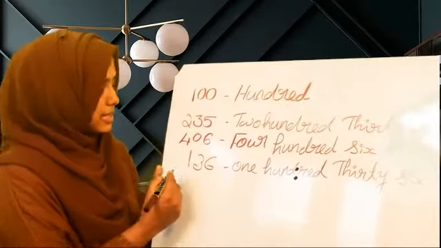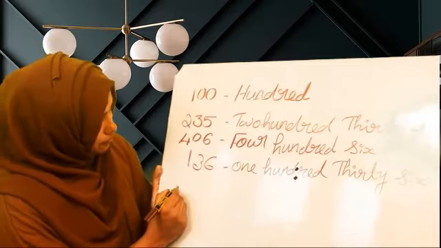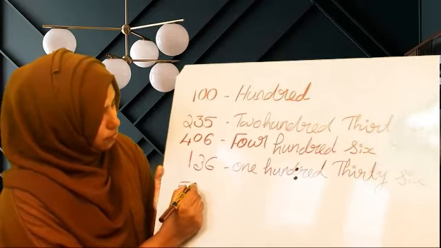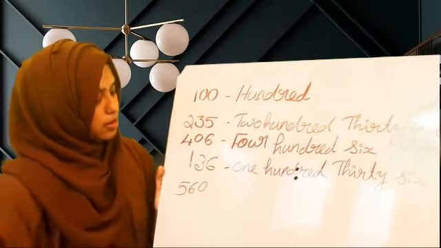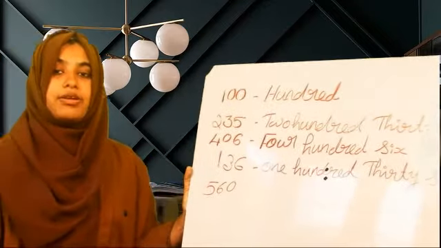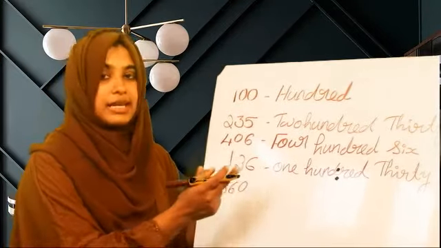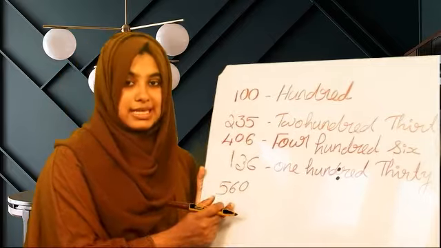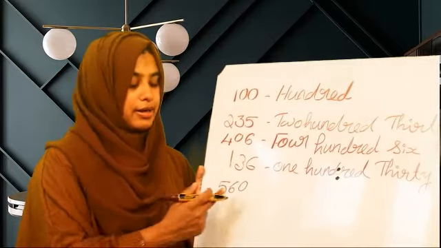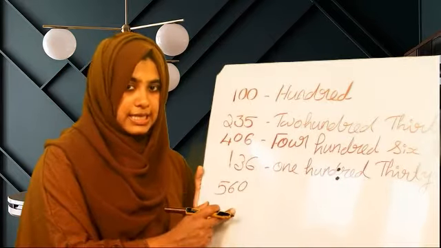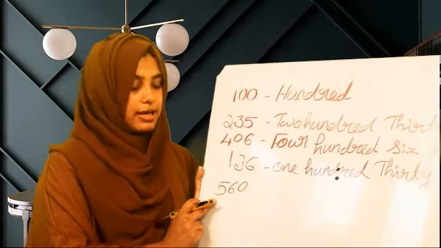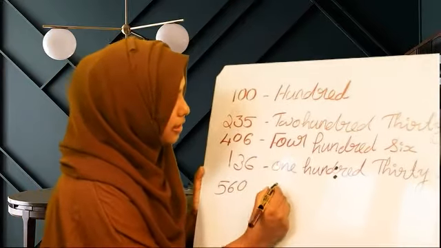Okay, now another number: 560. It has 0 ones, 6 tens, 5 hundreds. How do we write it?